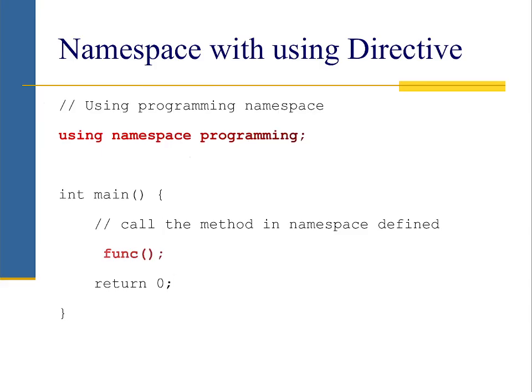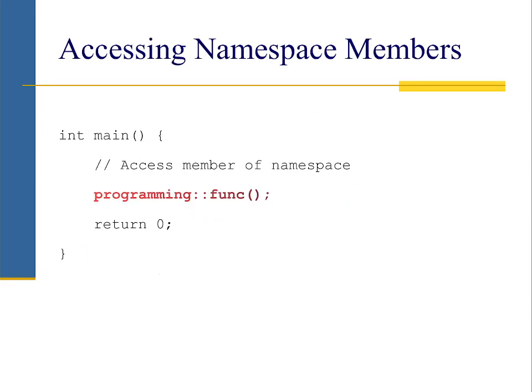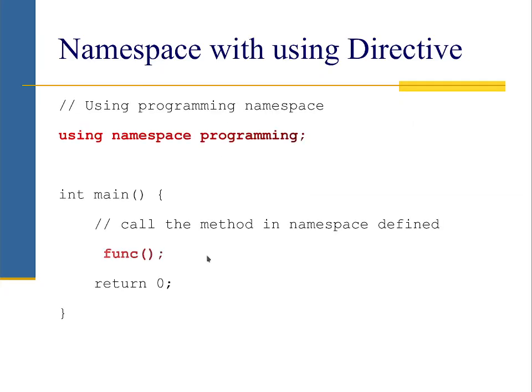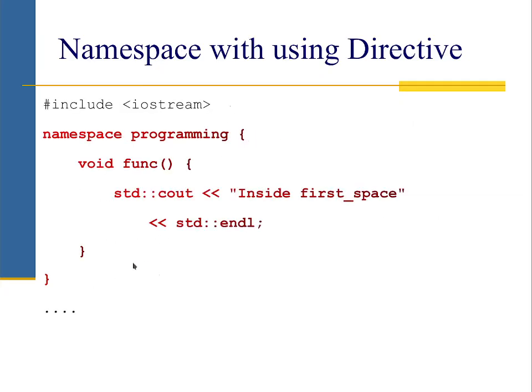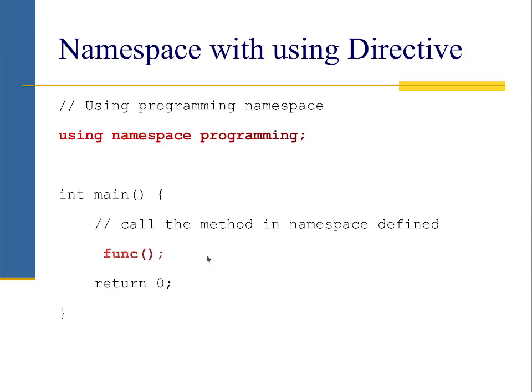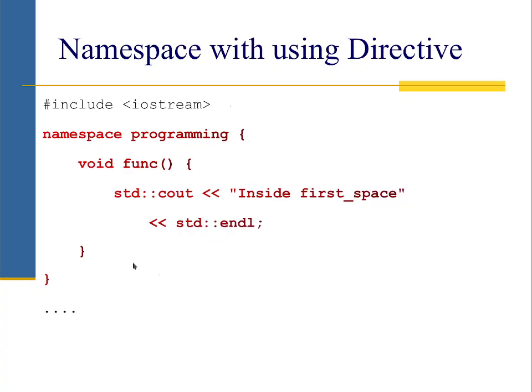When you want to use a namespace without writing programming and double colon before func each and every time, you can just indicate at the very top of your page using namespace programming and just call func, and it will work the same way as putting programming in front of it.